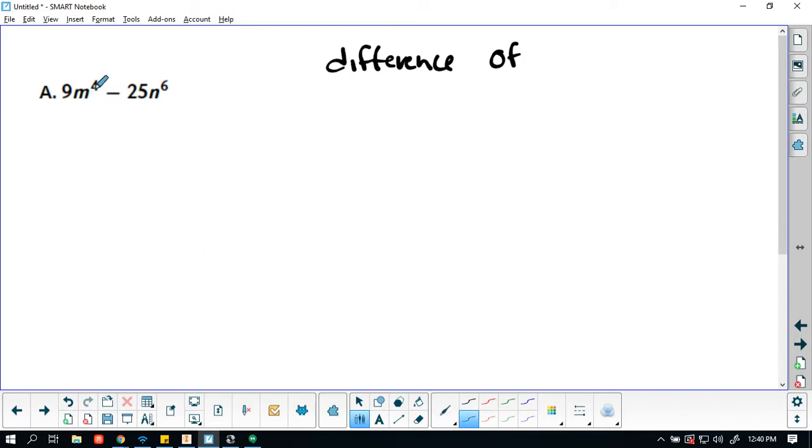If it's a difference of squares, I should be able to divide each exponent by 2, and I can. If it's a difference of cubes, I should be able to divide by 3. We want the simplest form, so we see which higher value we can divide by. 4 cannot easily divide by 3 and give an integer, so I'm going with difference of squares.